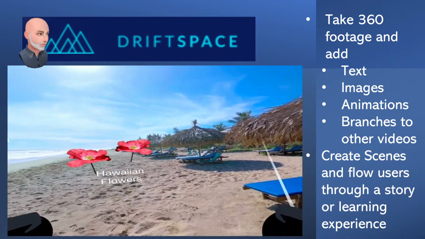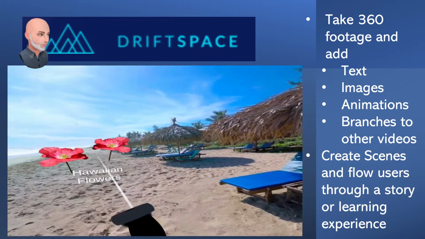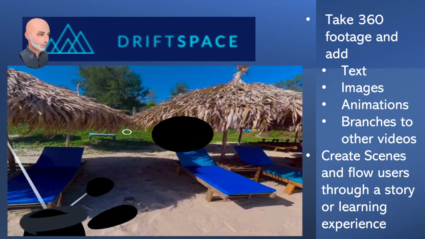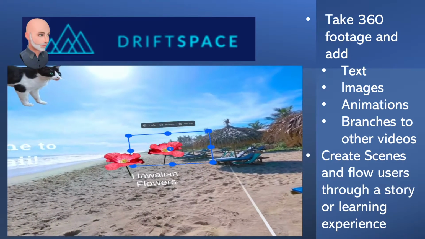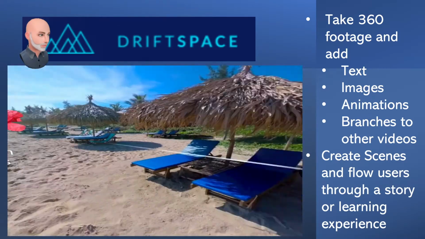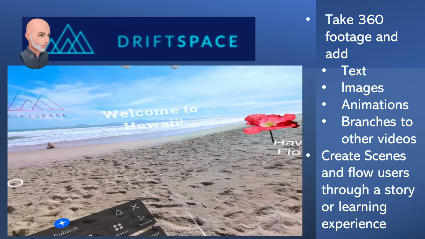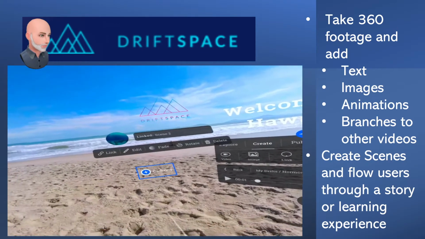And so, for instance, here, I can't help but think about vacation. I could use this beach scene as a launching point for any number of other videos about my experience in Hawaii. Absolutely. So if we wanted to, these links to other scenes can fade in and fade out in the same way as the cat did.